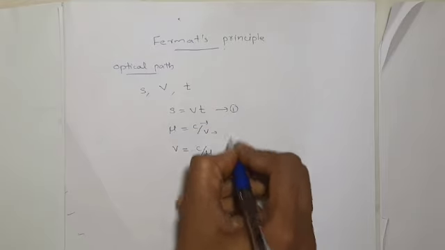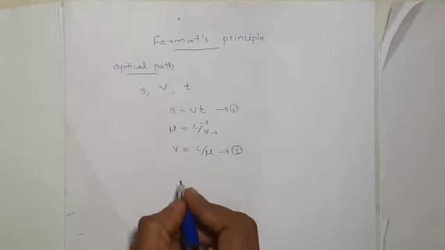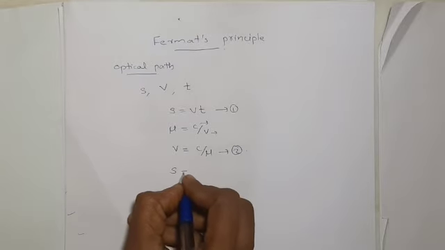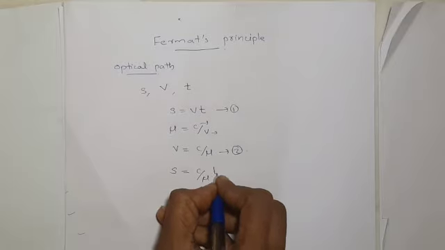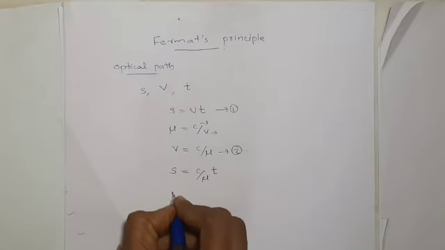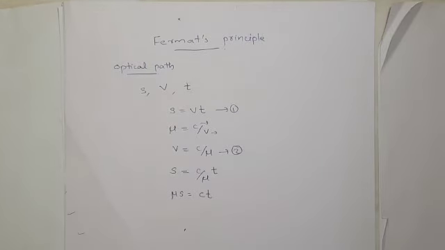This is equation 1, this is equation 2. Equation 2 is substituted in equation 1. We get S is equal to c by mu into t, or mu S is equal to ct. For a given time, the right-hand side is constant. Hence, the left-hand side, mu S, is also a constant.